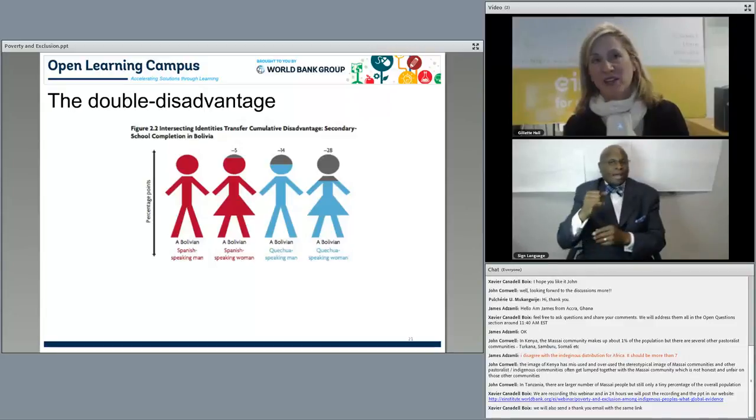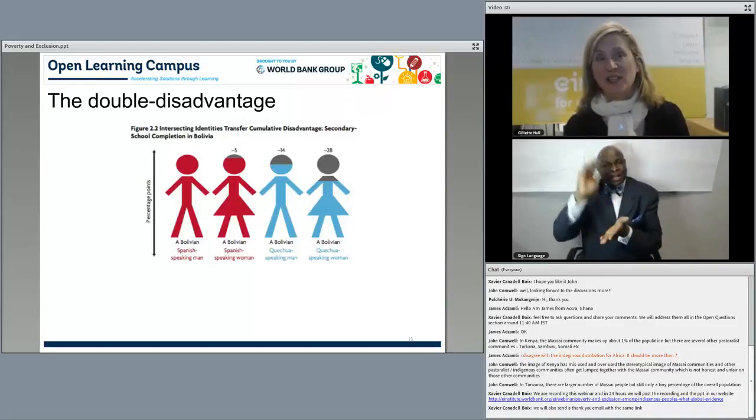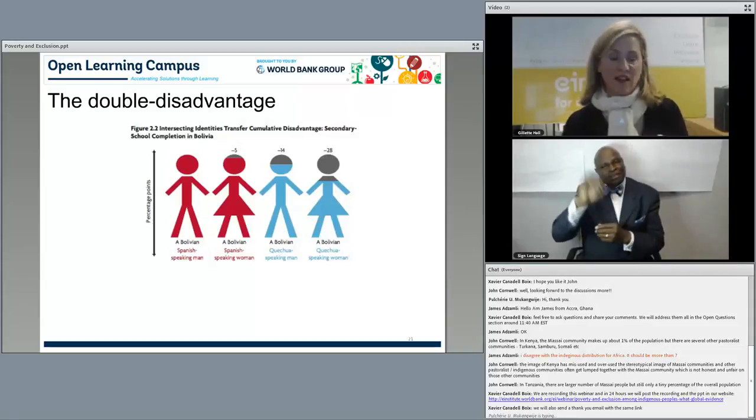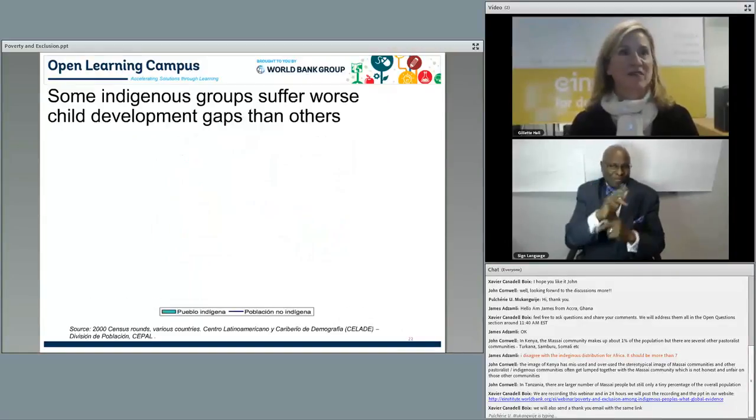If you are a Quechua-speaking man, 14% lower chance. Quechua-speaking woman, 28% less. And I just love that graphic, Maitre, so thank you very much. Lovely illustration of the concept.